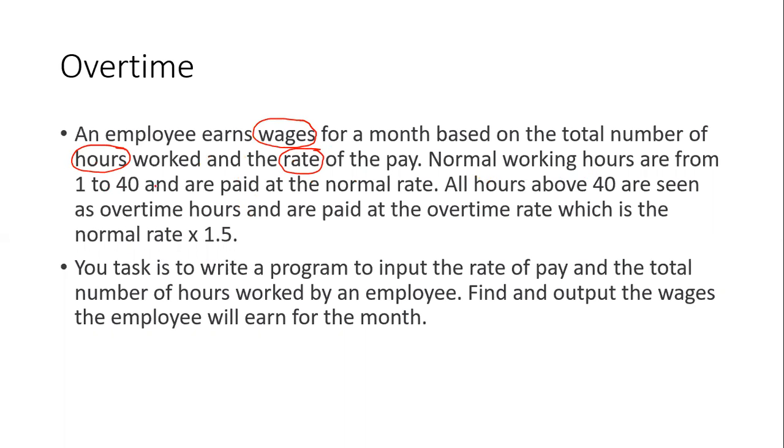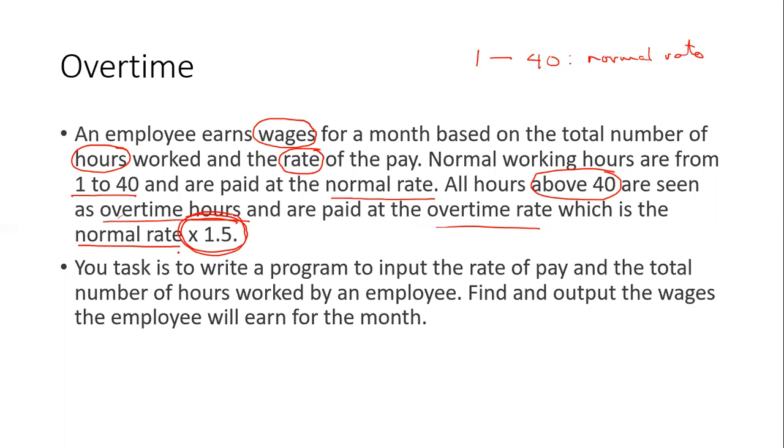Normal working hours are from 1 to 40 and are paid at the normal rate. So if he works anything from 1 up to 40 hours, then he gets paid at the normal rate. All hours above 40 are seen as overtime hours and are paid at the overtime rate, which is the normal rate times 1.5.